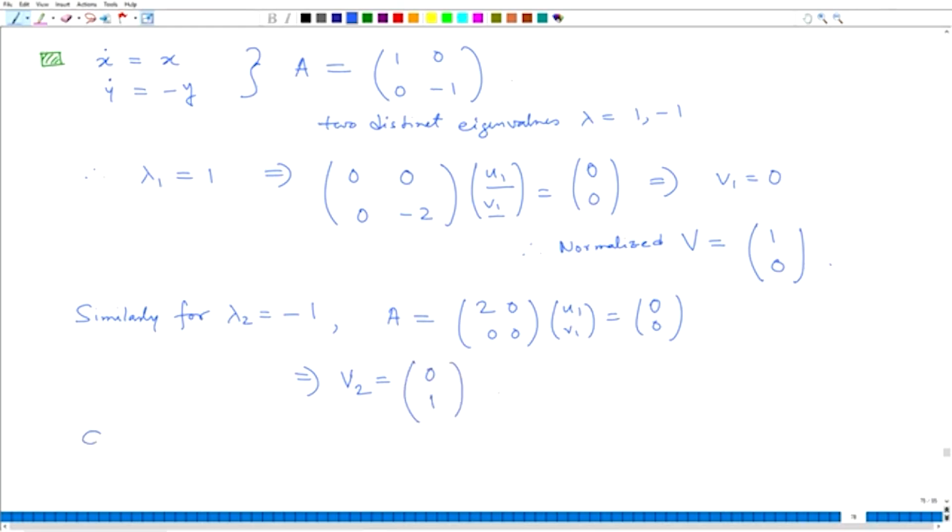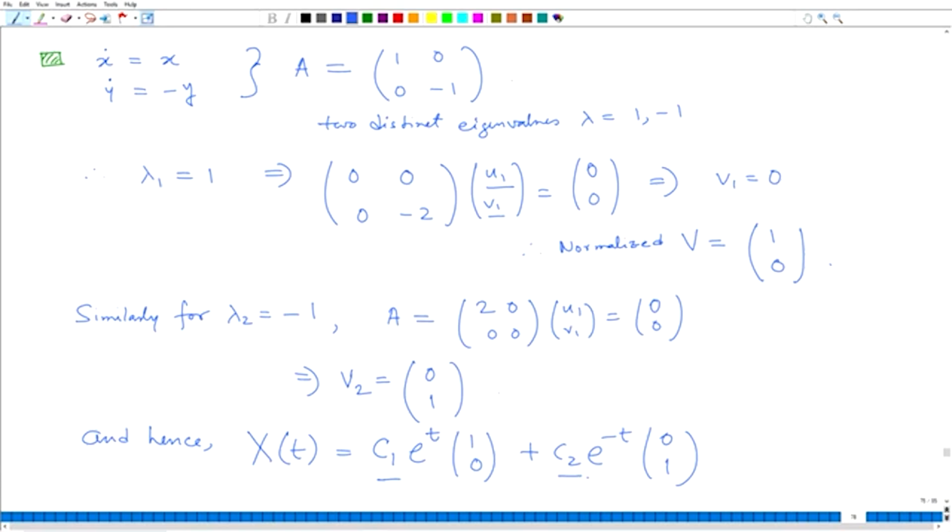And hence, x is simply given by c1 e to the power t times (1, 0) plus c2 e to the power minus t times (0, 1). You now search for the initial conditions. If they are provided, you can actually find c1 and c2.